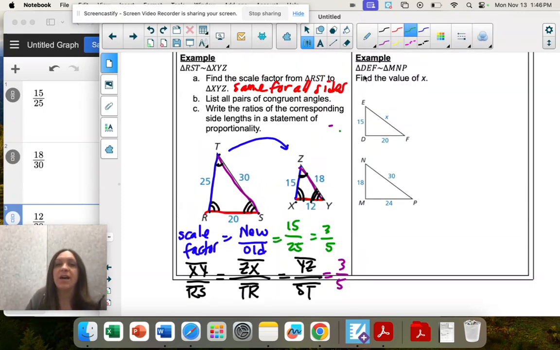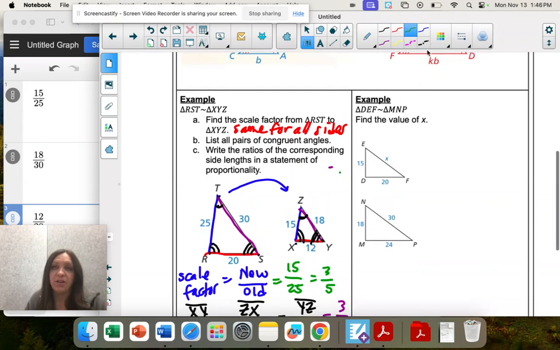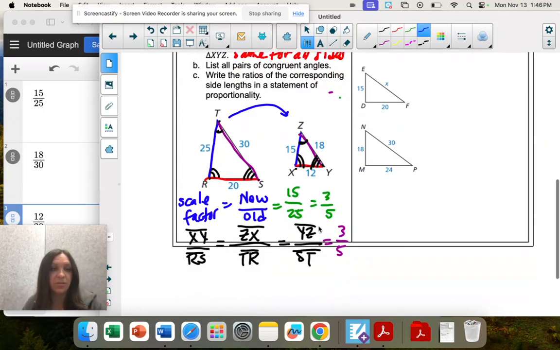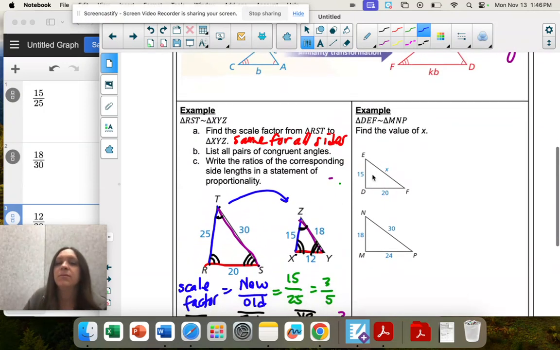So we use that to find values. So here we have triangle DEF is similar to MNP, and we want to find the value of X. So if these triangles are similar, the scale factor for each one's going to be the same. So these sides are aligned. If I take 15 to 18, it doesn't tell me which way to go here.